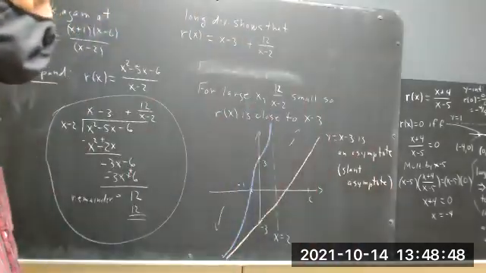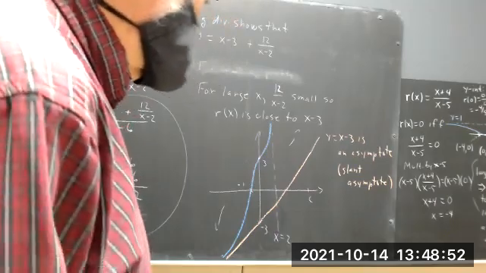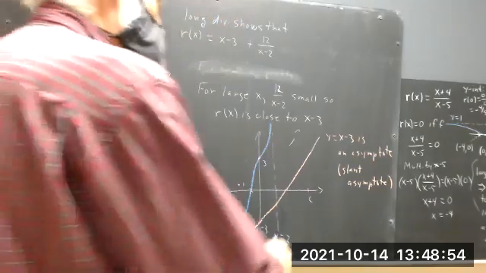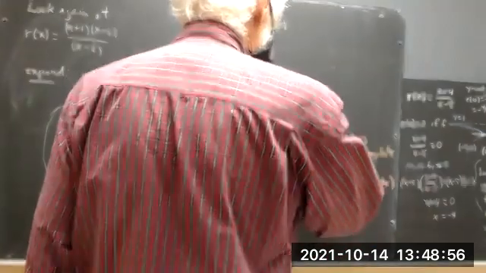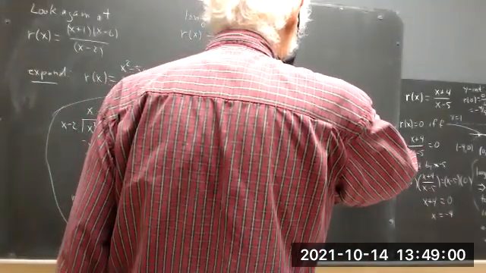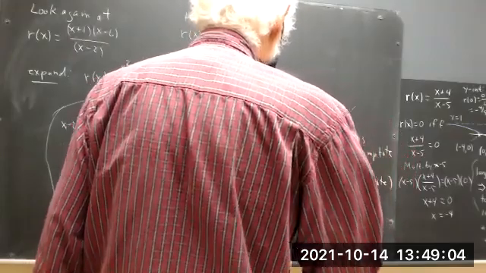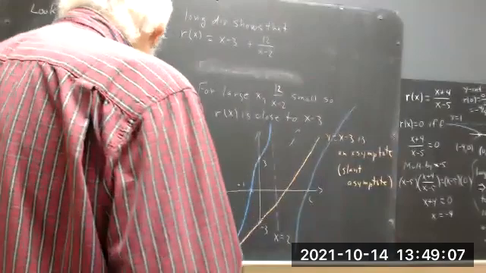So it might look something like this. And it has to go through this point, start off close to this asymptote, so it's probably going to do something like this. Close to this asymptote, come down here, and then approach negative infinity along here.